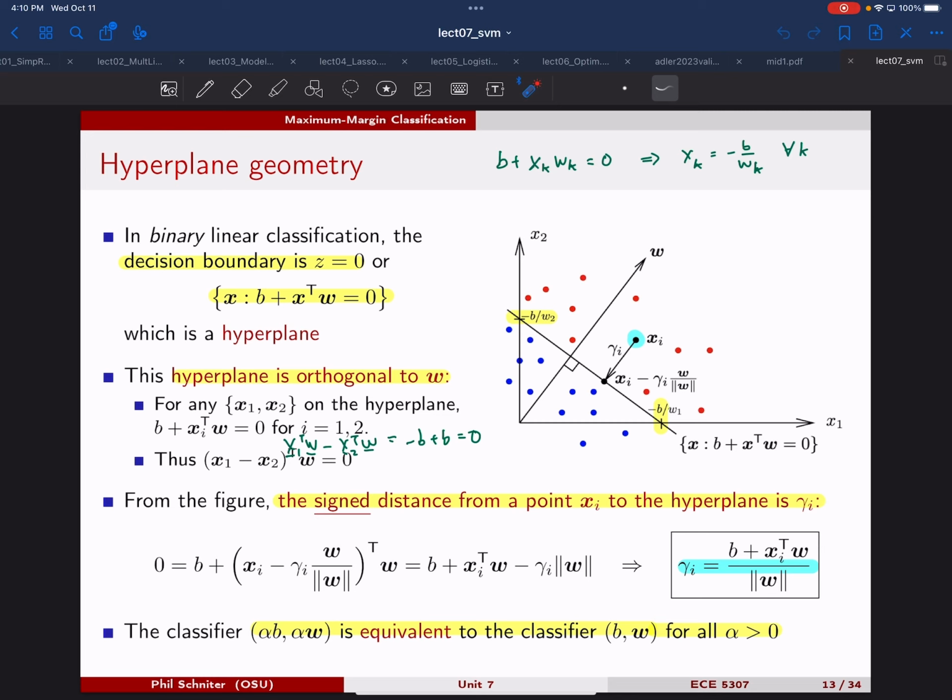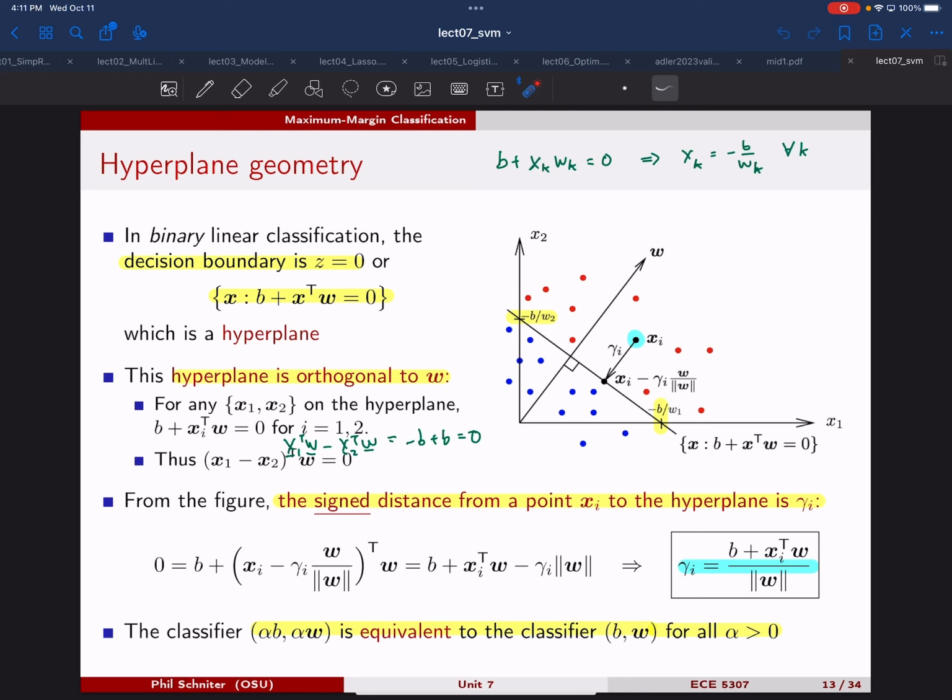So the first thing we saw that's interesting is that this W, this weight vector, is going to be orthogonal to that hyperplane. And we did a short proof of that. Another thing we saw is that we can see exactly what the intercepts along these feature coordinate axes are from the weights and the intercept term.